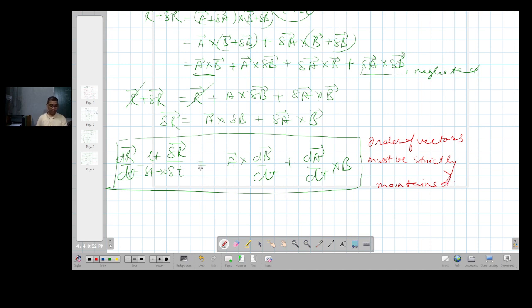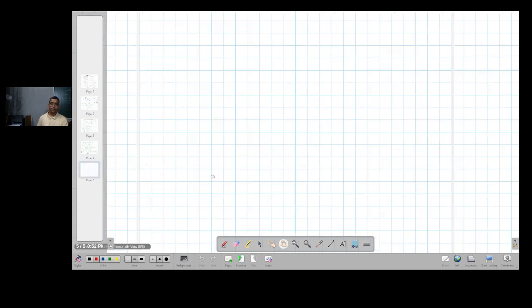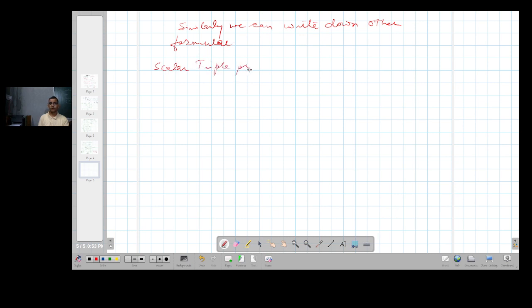And similarly we can write down other formulas. First of all, let me write down the scalar triple product. It is d upon dt of a dot b cross c.